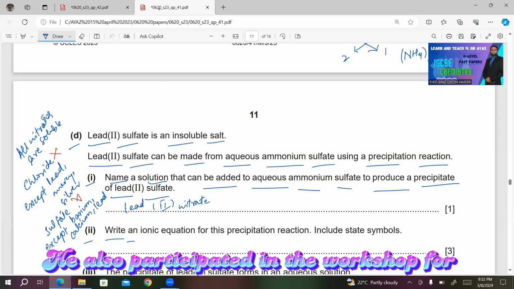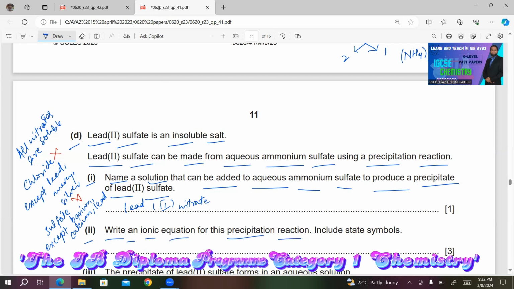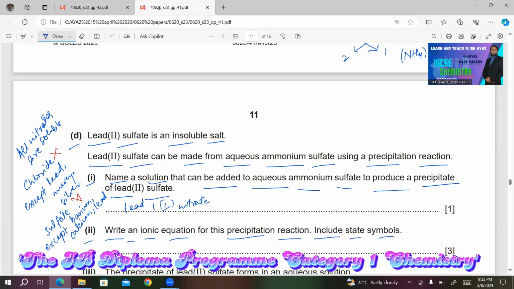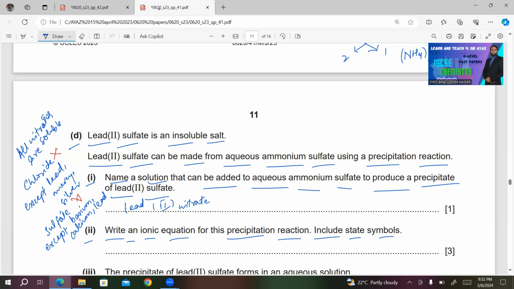Number 2, write an ionic equation for this precipitation reaction. Include state symbols. Now we have to write the ionic equation for the precipitation reaction happening between ammonium sulfate and lead 2 nitrate. Lead 2 nitrate: Pb is carrying a +2 charge, nitrate -1 charge, 2, 1, ignoring the charges, 1, 2.